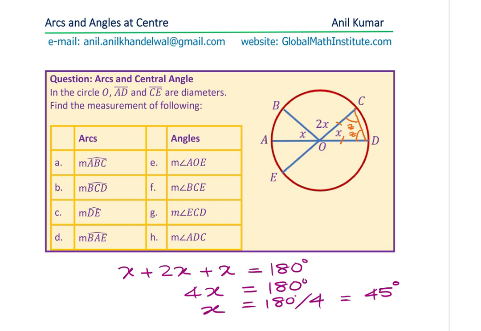And since we found x, we found that these two angles, angle ECD and angle ADC, are actually the same. So these two angles came out to be 180 degrees minus 45 for x, divided by 2. Okay, so that is how we figured this out. So I hope this is clear.